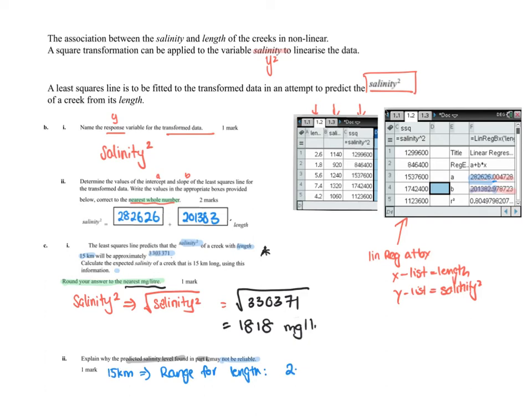Okay, our lowest river length was 1.8 and the highest one was 8.8. If we predict within there, it's interpolation. If we predict outside, which 15 is, it's extrapolation, so it's unreliable.